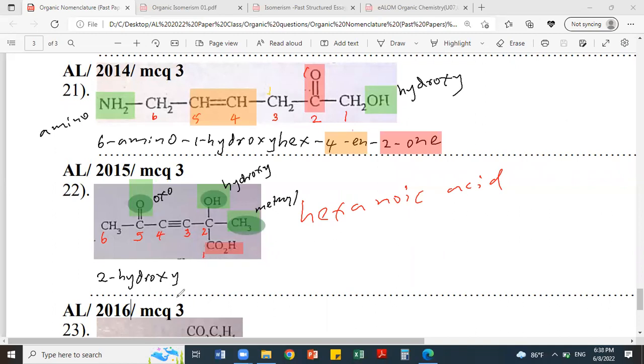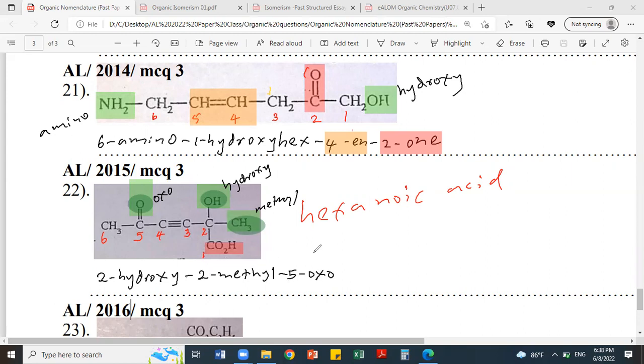I think both of you have started with the same, 2 hydroxy, correct? After that, what should come first? Methyl or oxo? LMNO. Methyl. 2 methyl. Before the number and after the number, you have to put a dash, right? Okay. 2 methyl. After that, 5 oxo.